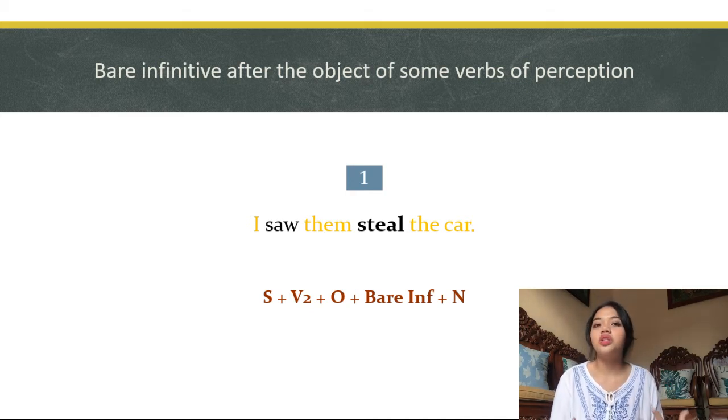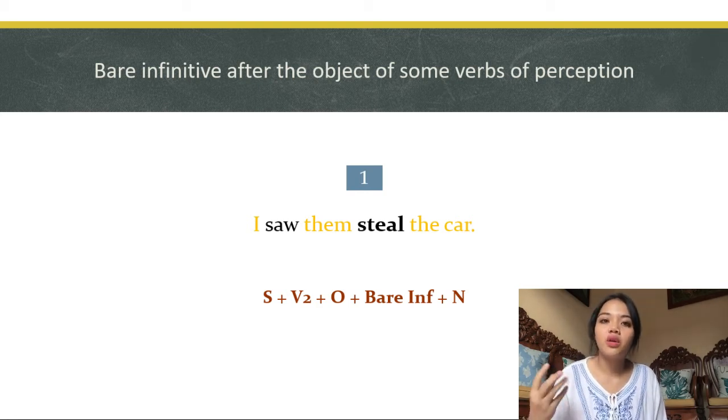We don't use to infinitive in it. So steal here is modifying the object or giving more information about the object. What did they do? They steal the car, like that.